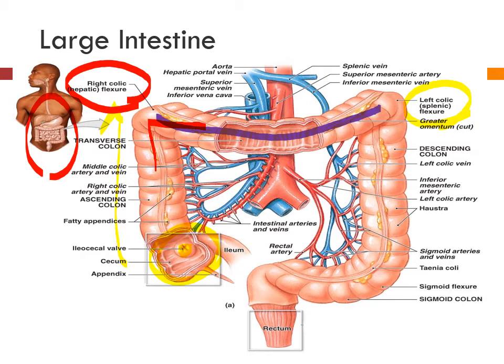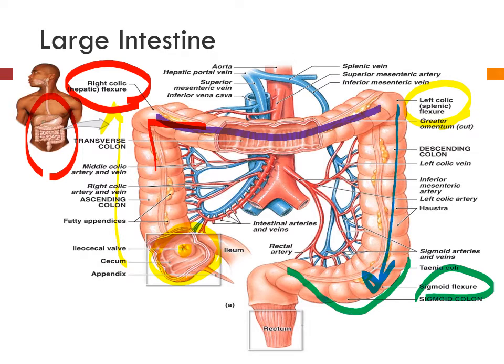After the splenic flexure, the descending colon proceeds down the left side of your body, and it then empties into the sigmoid colon, which is at the sigmoid flexure. And so the sigmoid colon is here. It's S-shaped. You can see that S that I just drew for the sigmoid colon. And then the sigmoid colon empties into the rectum.